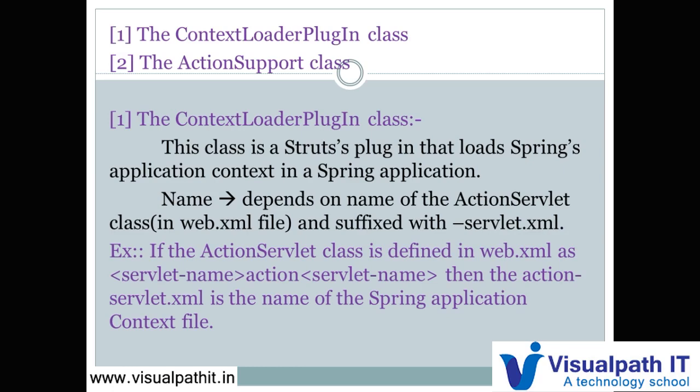For example, if the servlet name defined in web.xml is action, then action-servlet.xml is the name of the Spring context file. So the name is combined with -servlet.xml.